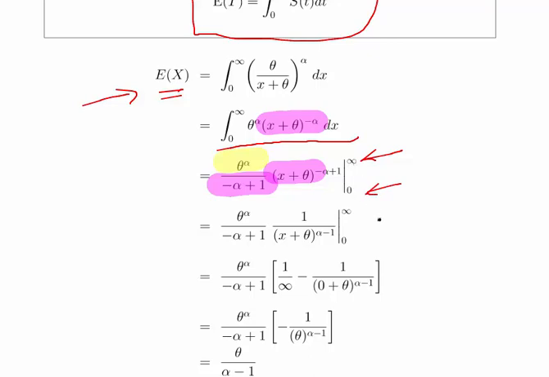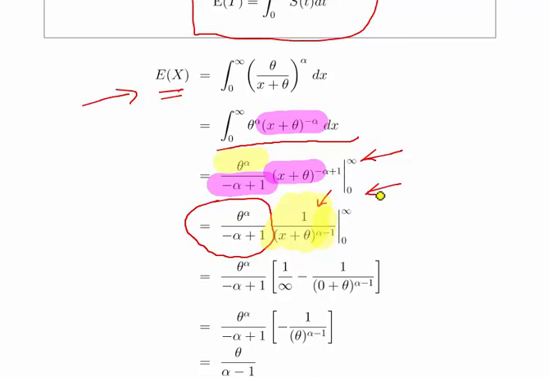What we're going to do is evaluate them at infinity and 0. This part we can just take out altogether, as there's no expression there in terms of x, and what we're left with is 1 over x plus theta to the power of alpha minus 1. Essentially just invert it and change the sign.